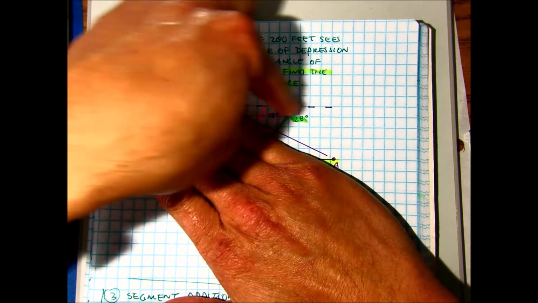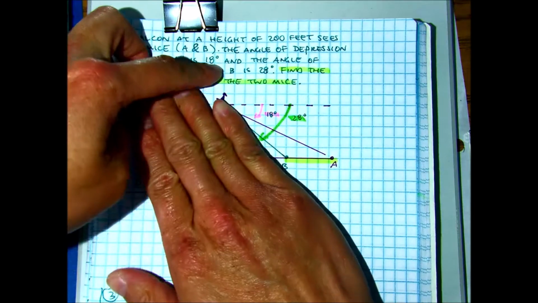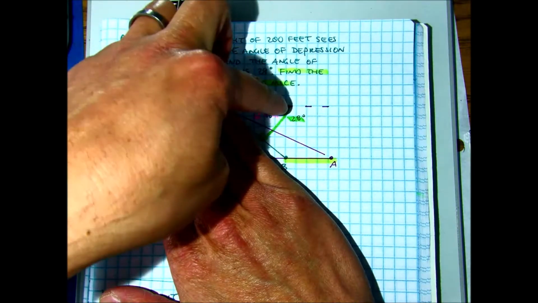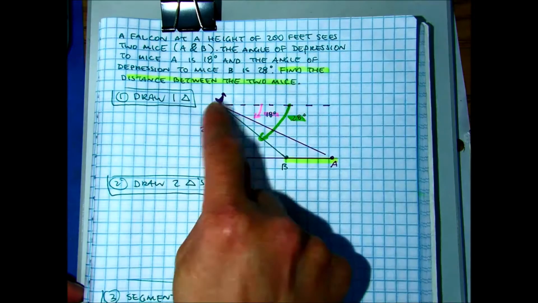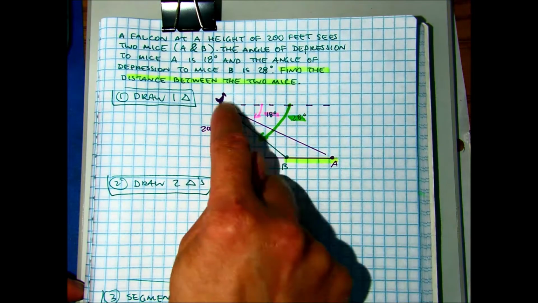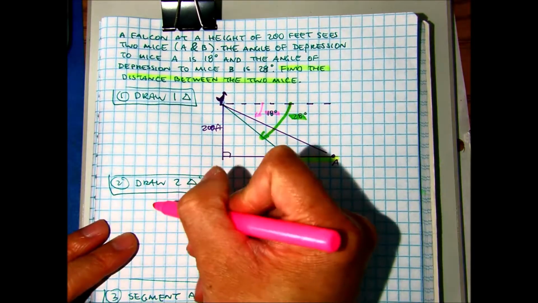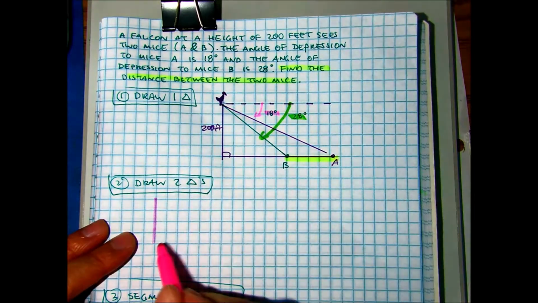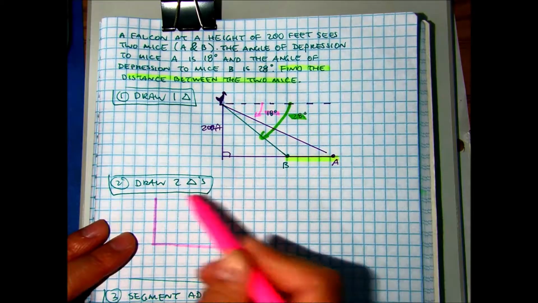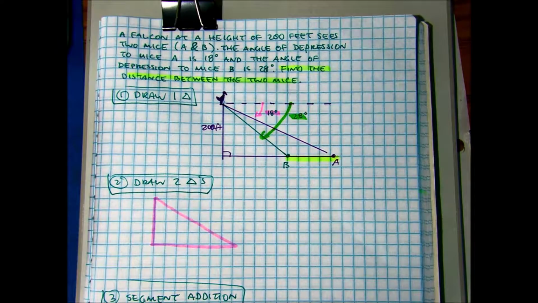Some triangles that look like this. You can do that, totally fine. And another triangle kind of going like this. Okay? I'm going to draw my triangles this way. So I call this a pink triangle. And a green triangle.